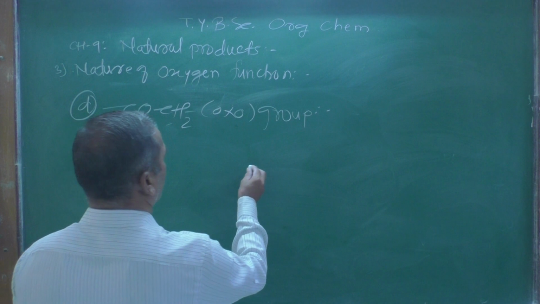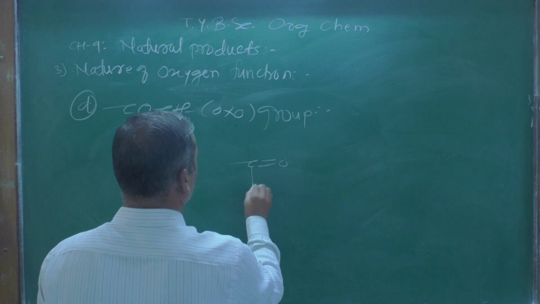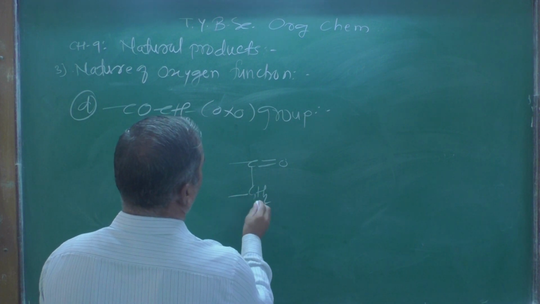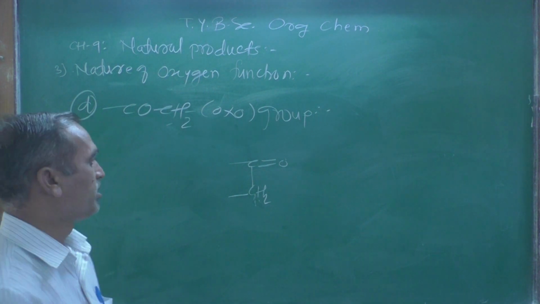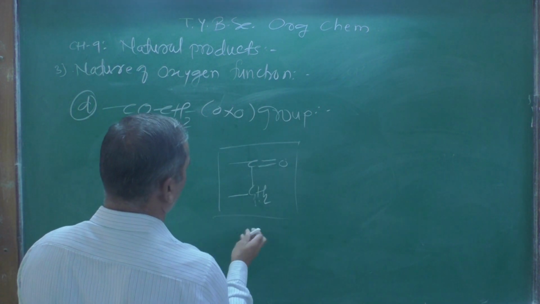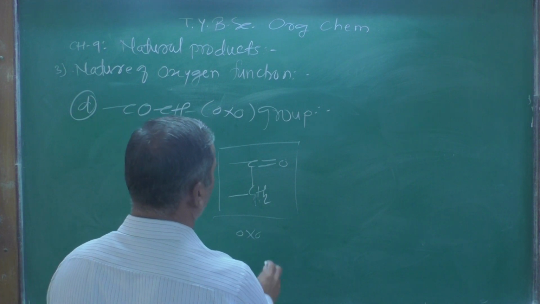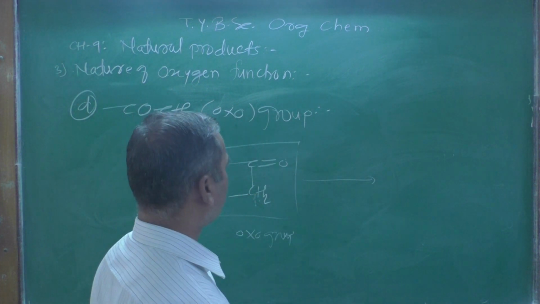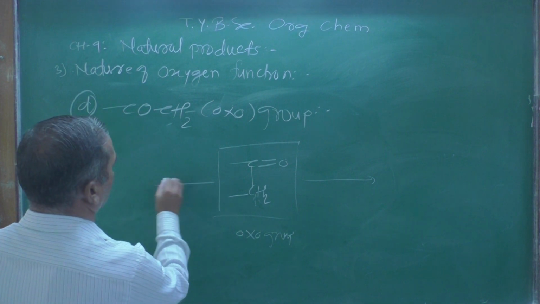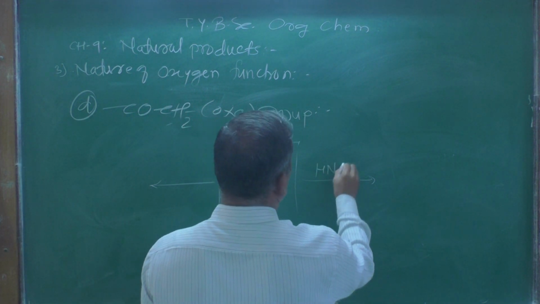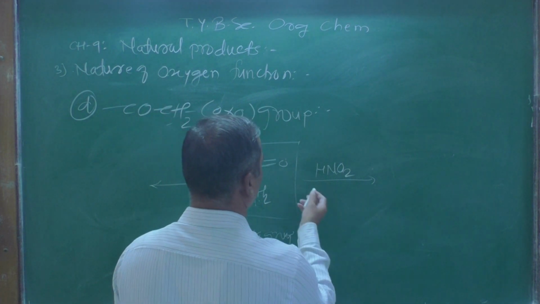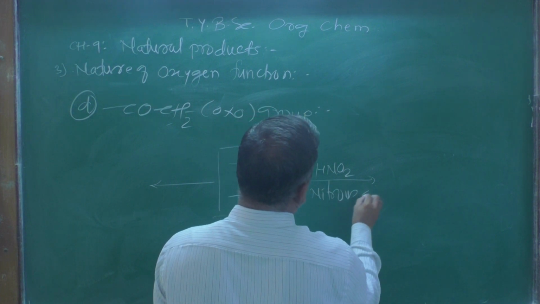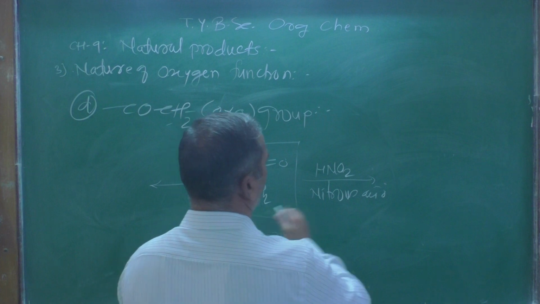Let us see here. The structure I am writing is C double bond O with this CH2, right? This is a reactive CH2 group. This group is known as the oxo group. When this oxo group is treated with nitrous acid, HNO2, what are you going to get here?